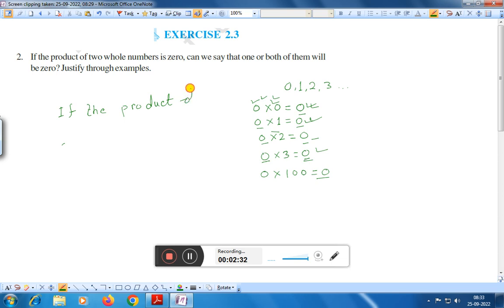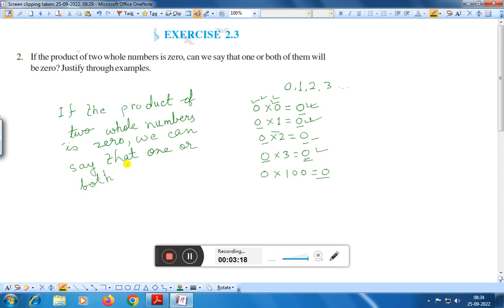of two whole numbers is 0, we can say that one or both of them will be 0.